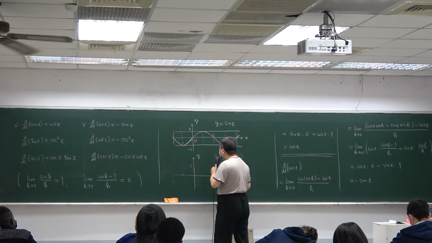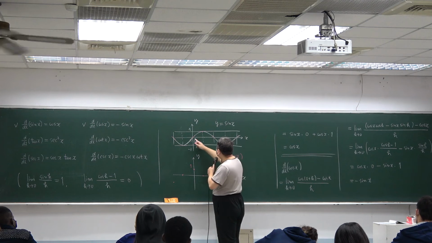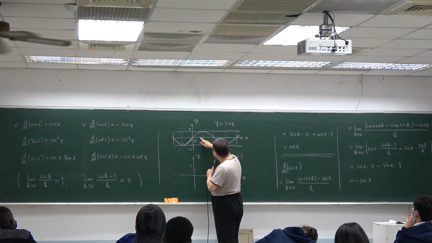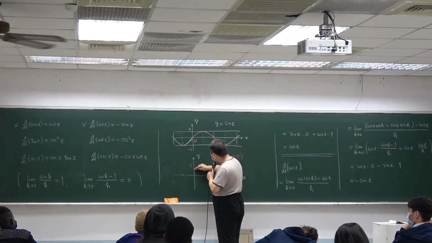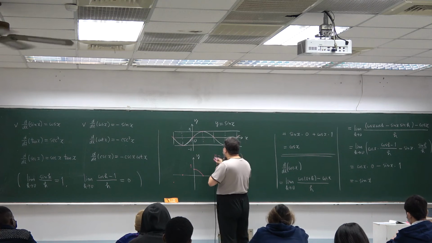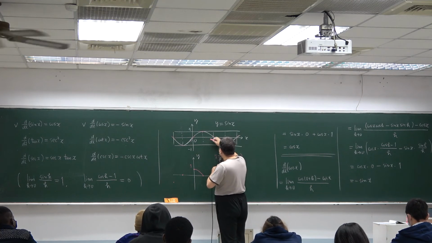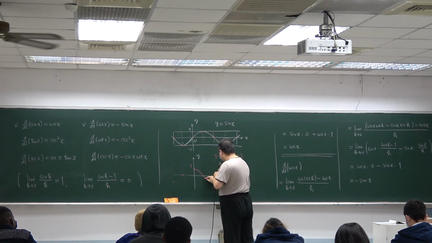Okay. When x increases from 0 to half pi, the slope increases from 1 to 0. When x goes from half pi to pi, the slope decreases from 0 to minus 1.